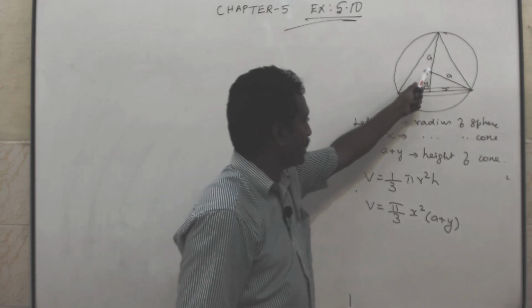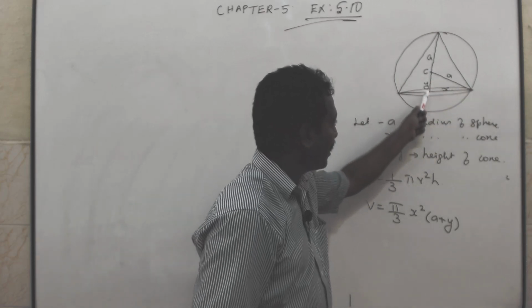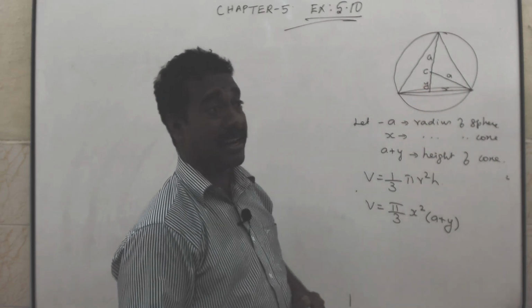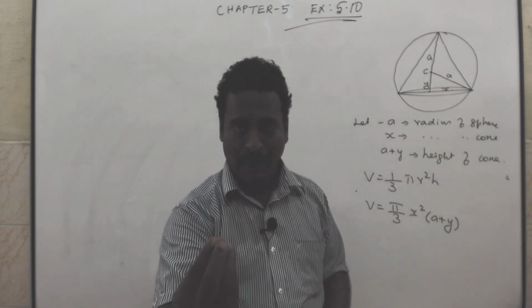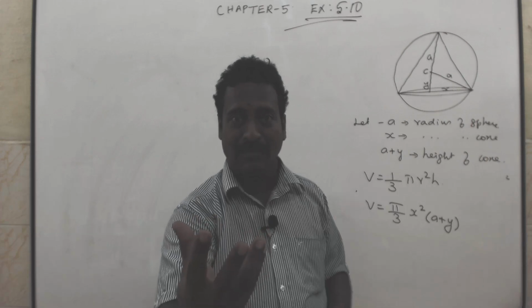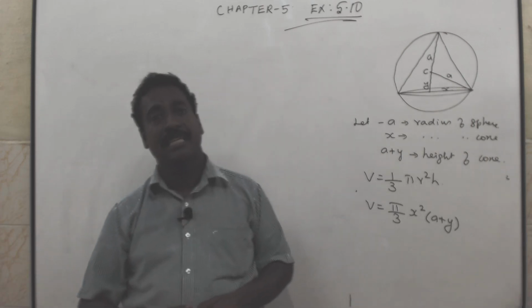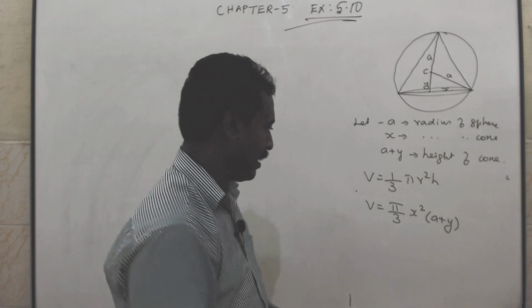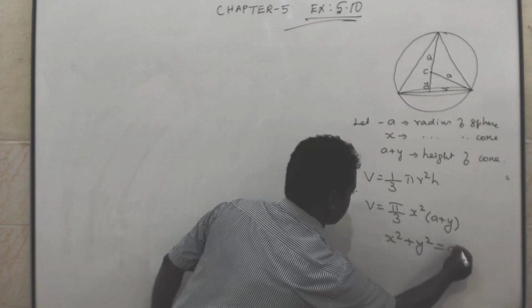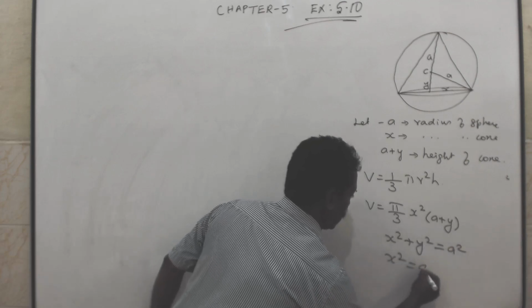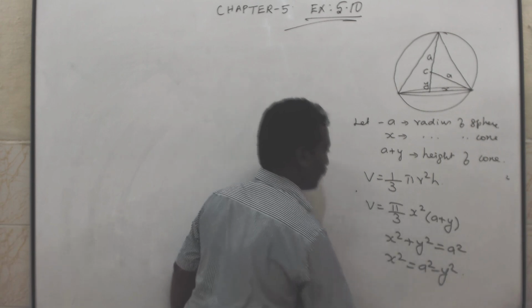For that, just see here, what type of triangle is this? That is a right angle triangle. Right angle triangle means we know the theorem, Pythagoras theorem: the sum of the squares of the 2 sides equals the square of the hypotenuse. X square plus y square equal to a square. So therefore x square equal to a square minus y square.